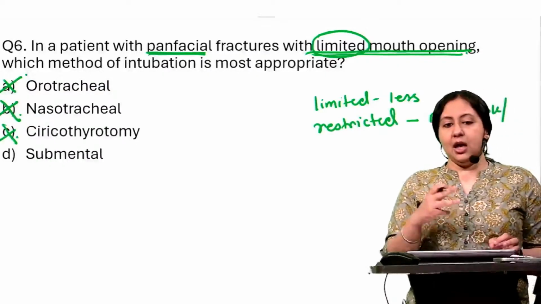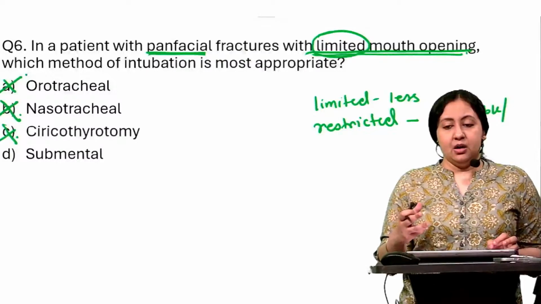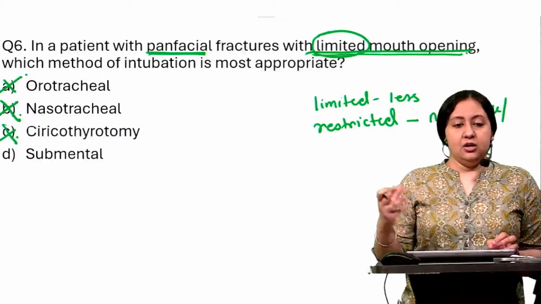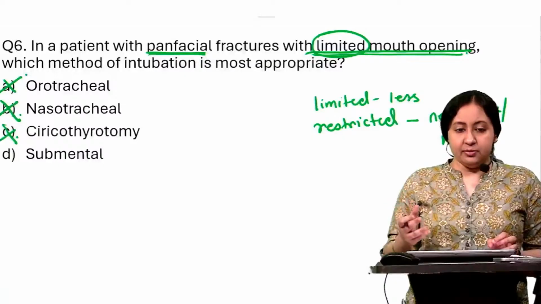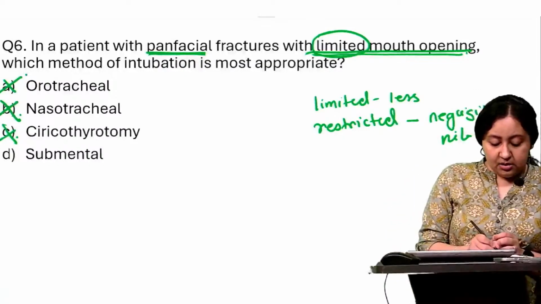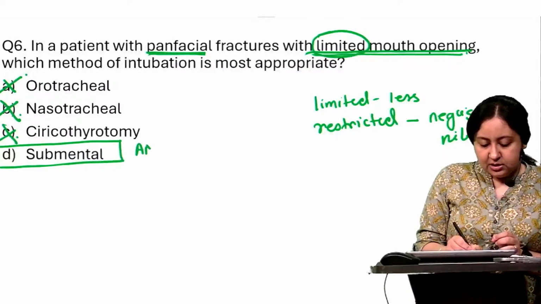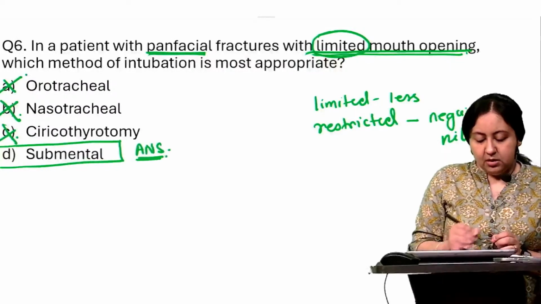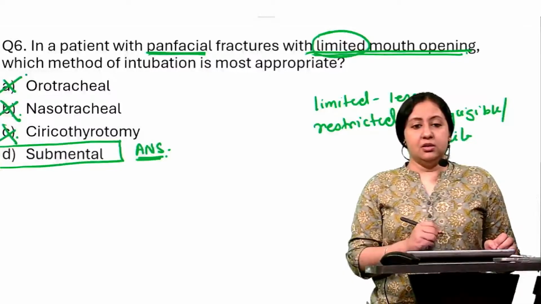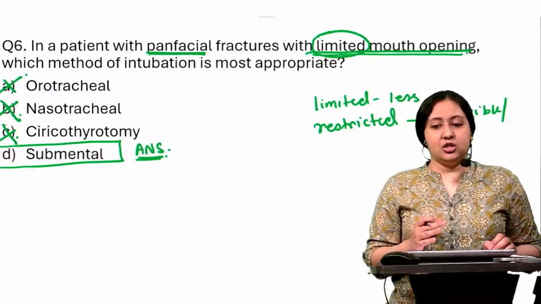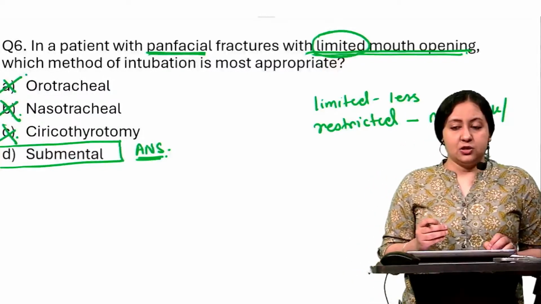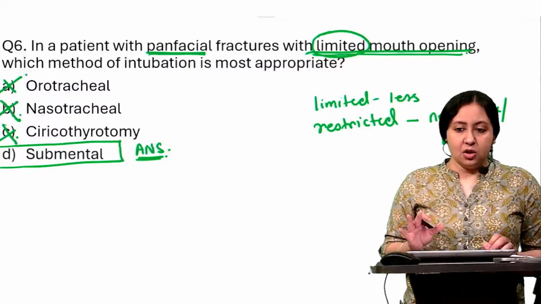Cricothyrotomy is an emergency method of securing the airway till you get a definitive airway, or it's a time buying procedure. And the last option is D, submental intubation, which is the foremost indication in a panfacial fracture. So this is your answer.